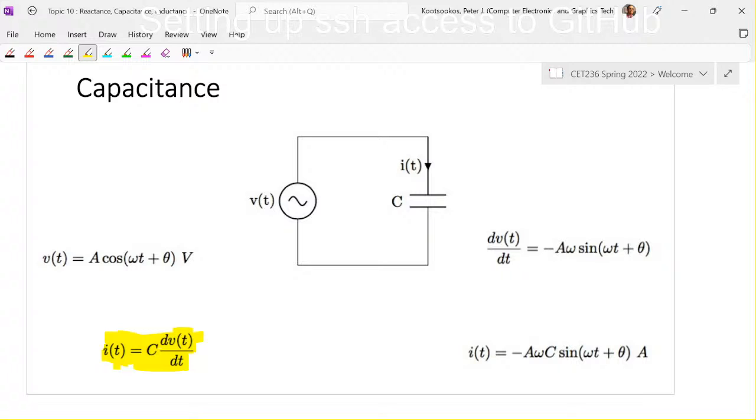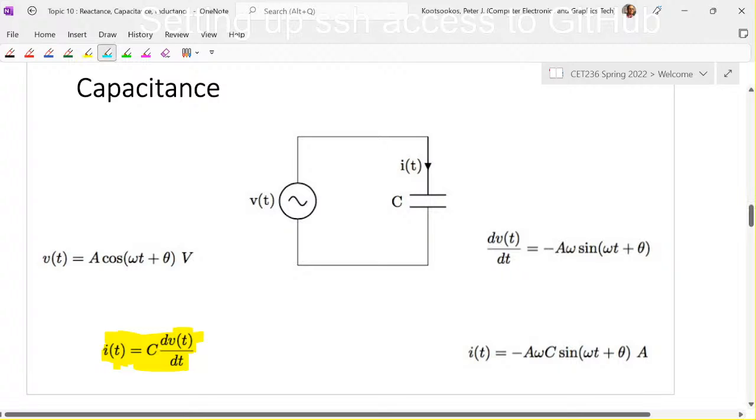So if I know that I equals C dV/dt, I can take my A cosine omega t plus theta, and I can take dV/dt and get minus A omega sine omega t plus theta.